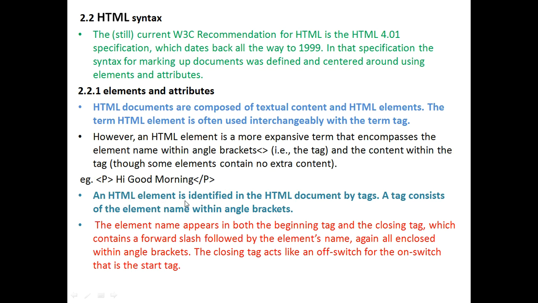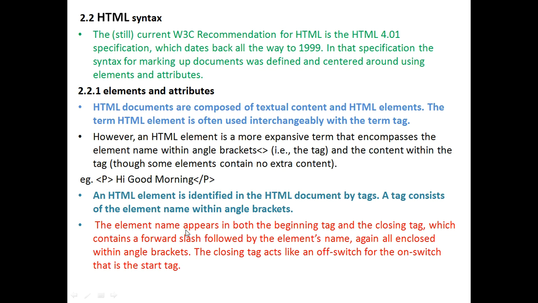An HTML element or tag is identified in an HTML document by the tags. As I told, a tag consists of an element name within the angle brackets. What is the tag considered? A tag is a name within the angle brackets. What is the name here? You have given a P. P is the name given to the tag as a paragraph, within the angle brackets.